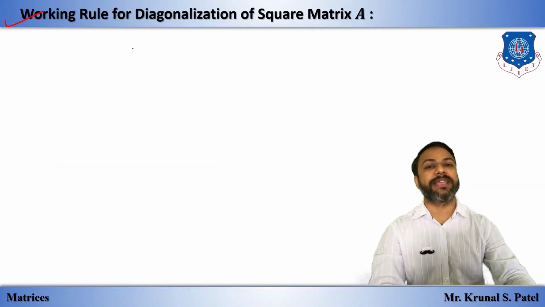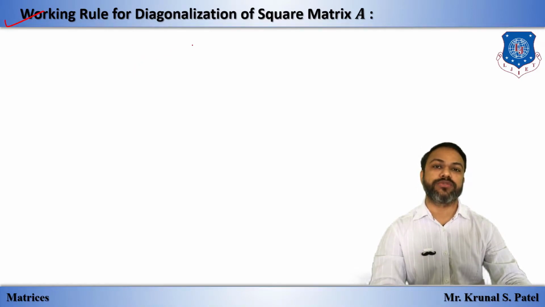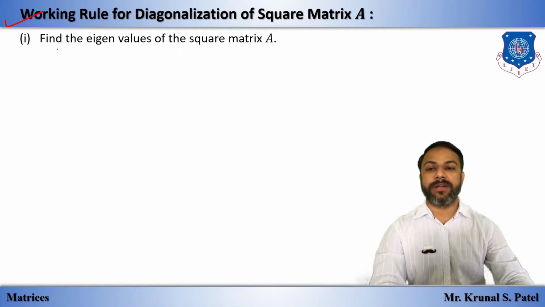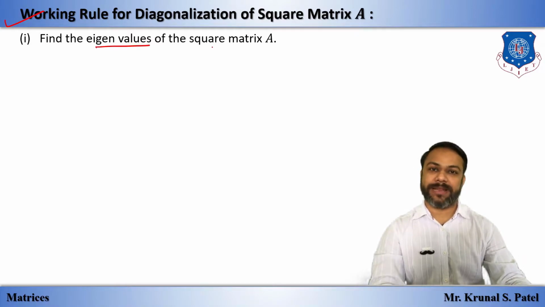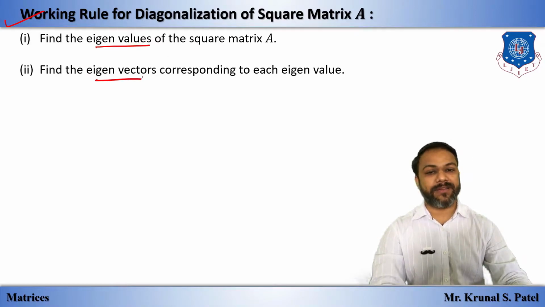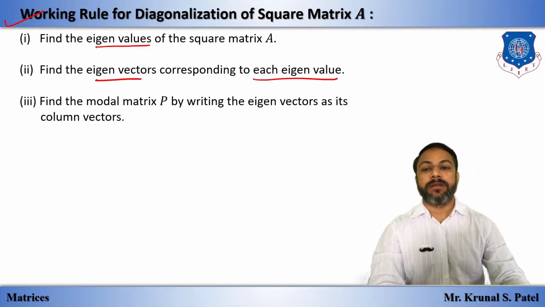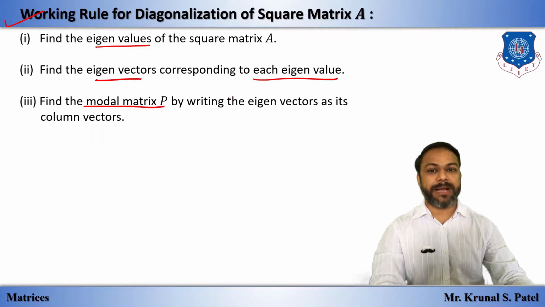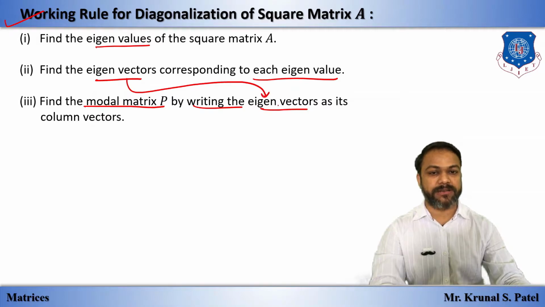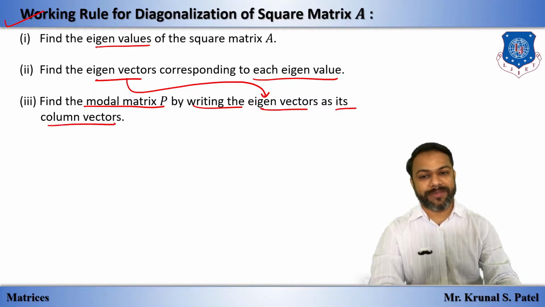Now, what is the working rule for the diagonalization of a square matrix? One, find the eigenvalues of the matrix. Second, find the eigenvectors corresponding to each eigenvalue. Then find the model matrix P by writing these eigenvectors as its column vectors.